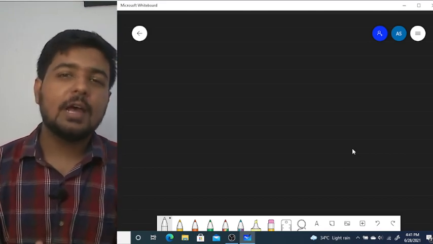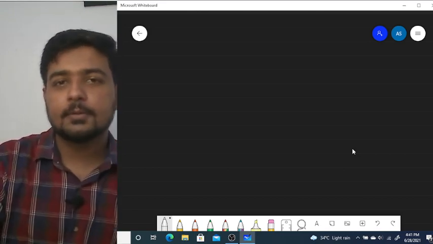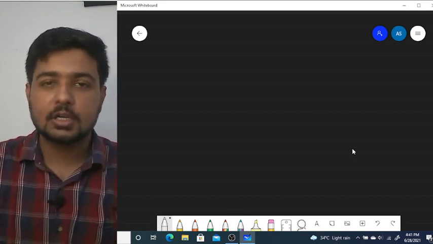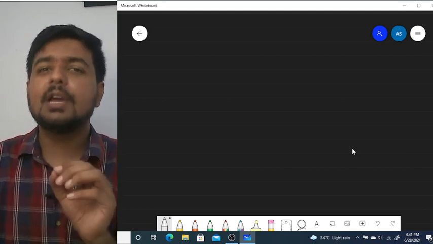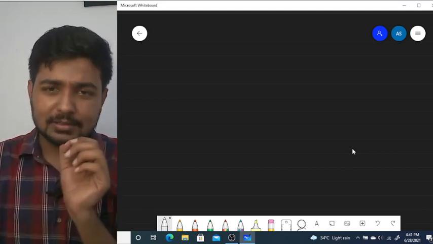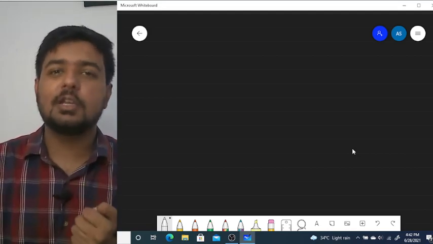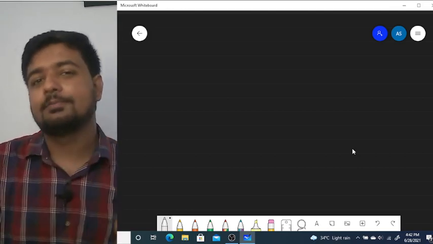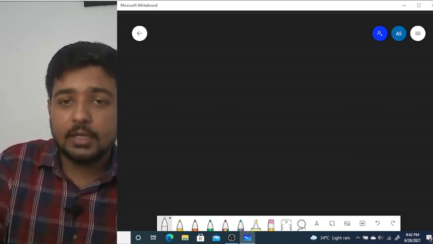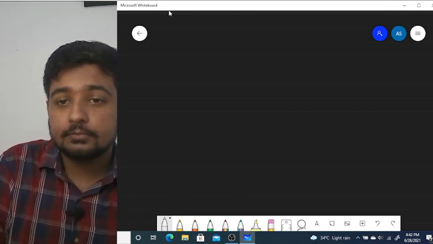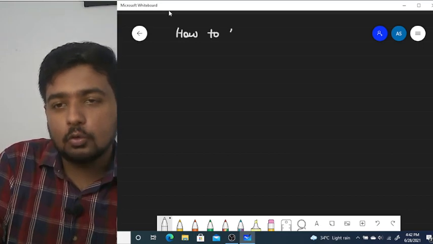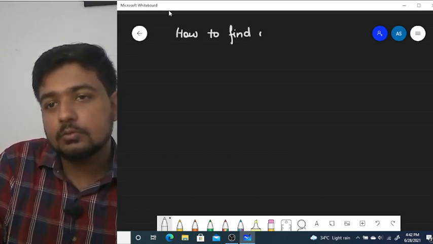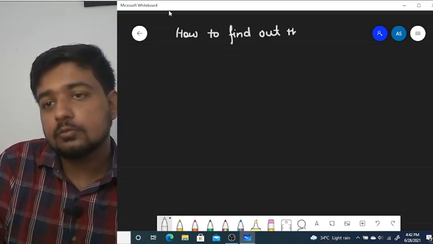Today, we are going to have a discussion on a very important topic, that is how to calculate the oxidation number. We had already learned what oxidation number is, why we are studying it, and what its necessary requirement is in the field of chemistry. Right now, we are going to study how to find out the oxidation number.